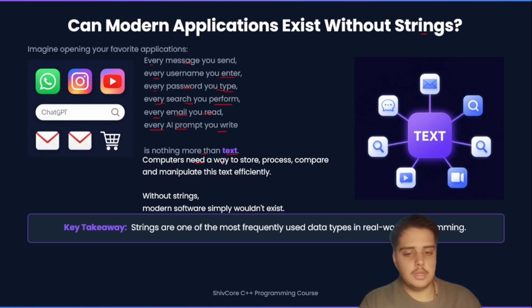So computers need a way to store, process, compare, and manipulate this text efficiently. Without strings, modern software simply wouldn't exist. So strings are one of the most frequently used data types in real world programming.